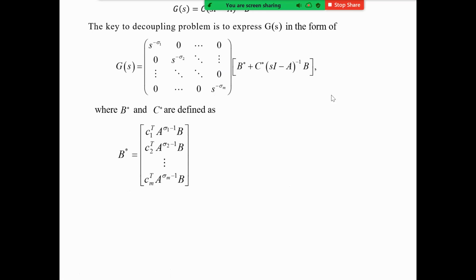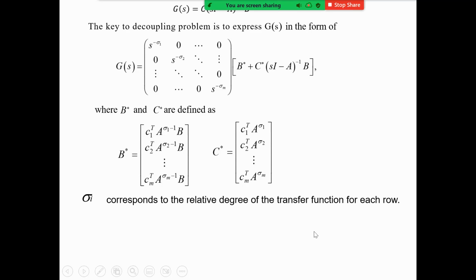So how do we compute B star and C star? It all depends upon the relative degree. If you get those values wrong, you will get a wrong solution. Sigma_i is the relative degree of the transfer function for each row.